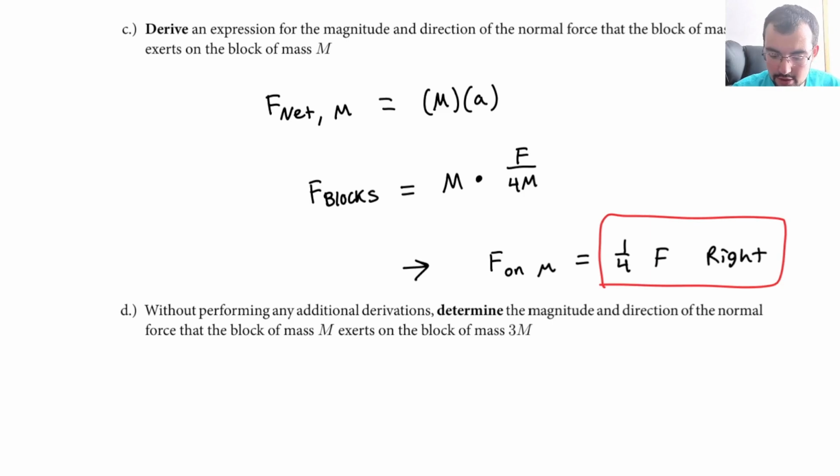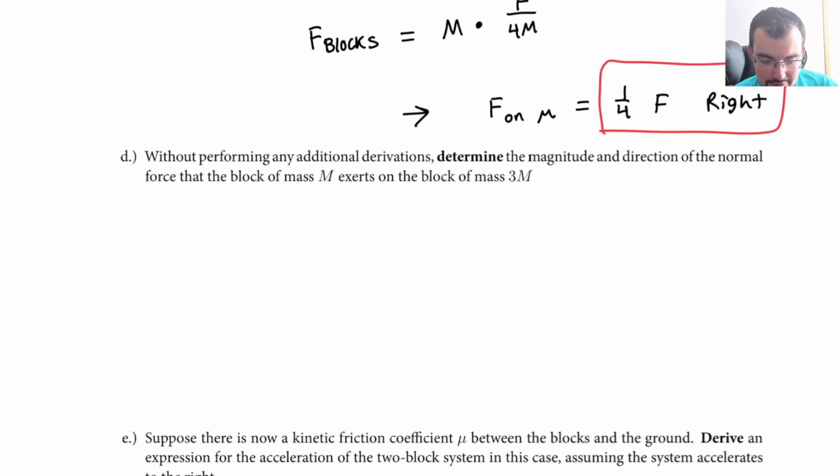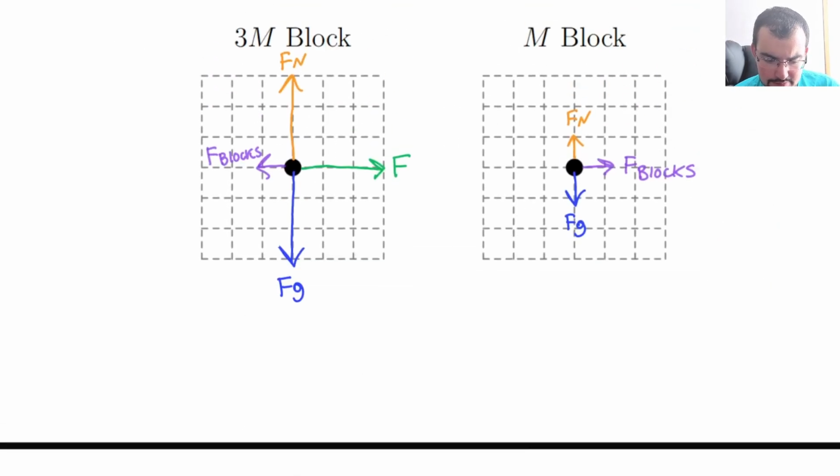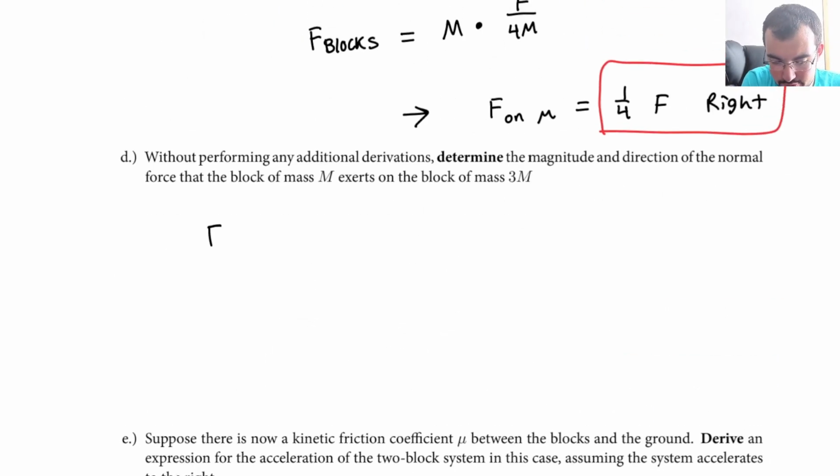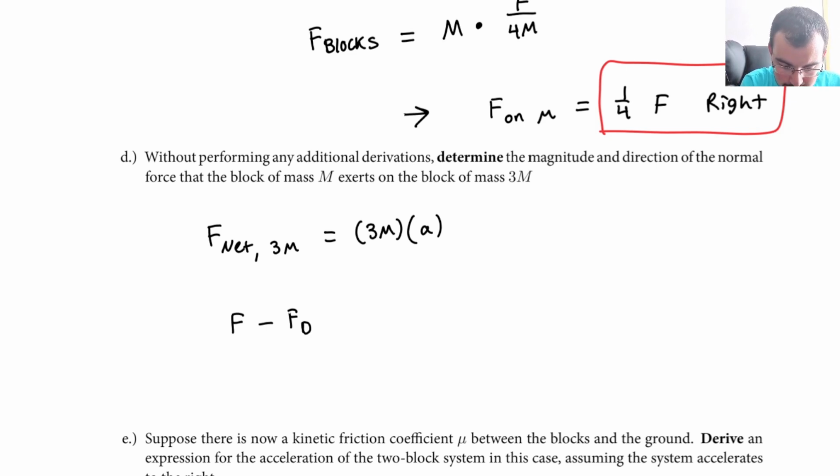So we could do this whole thing to determine the magnitude and direction of the normal force that the block of mass m exerts on the 3m. Why not? We know what it should be, but let's actually do it. The net force on the 3m would be equal to its mass times its acceleration. The net force on the 3m would be the forces helping it accelerate, which is F, minus the forces hurting it, which would again be the force on the blocks, or which I'll say on 3m.